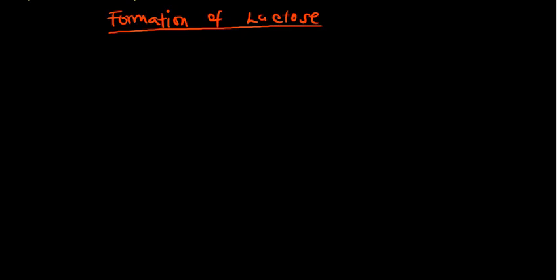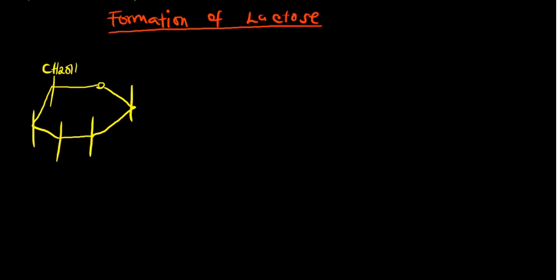So let's draw the structure of galactose here. So we have CH2OH, you have H here, you have OH, we have H, then here we have OH, here we have H, then here we have OH, here we have H.